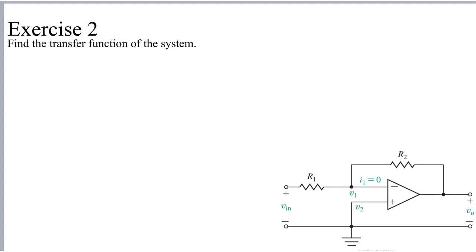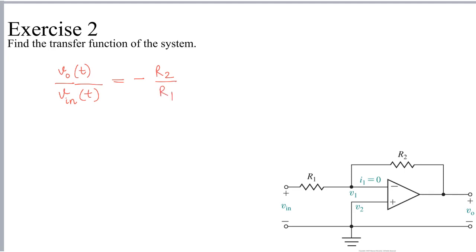We could go through all the circuit equations, but in this case we don't need to, because we already know that V output over V input, with respect to time, is equal to minus R2 over R1, right?